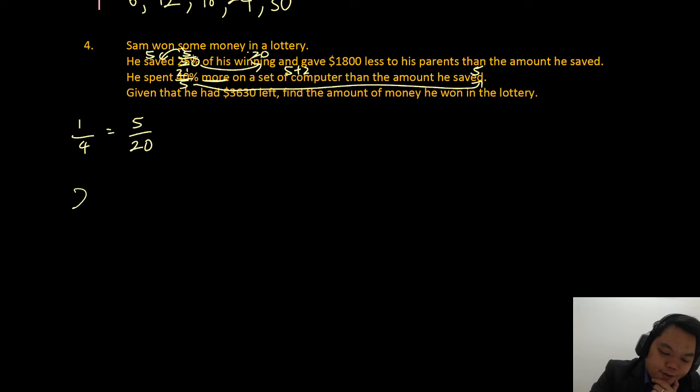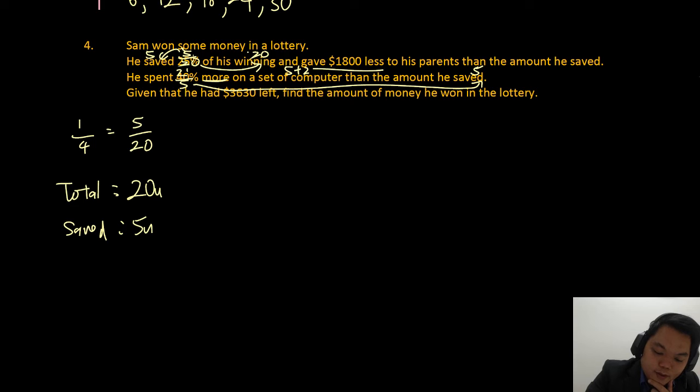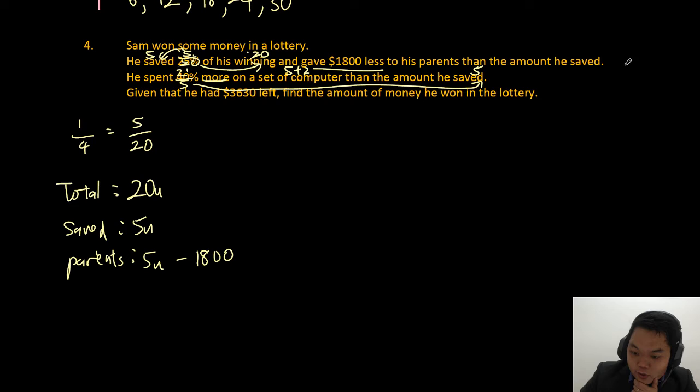So here there will be 20 units. Okay, we can say that the total is 20 units. Correct? His entire sum of money is 20 units. And he saved 5 units of money. He gave to his parents $1,800 less than the amount that he saved. So we define it out this way.